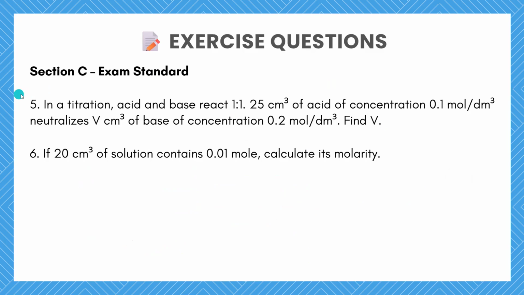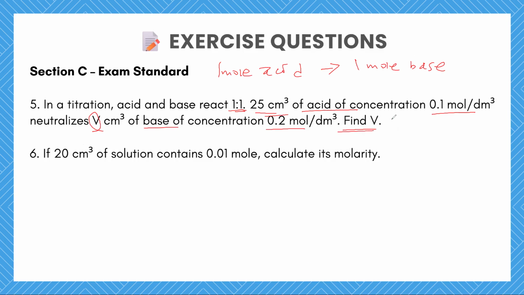Now let's move on to the final one. The final section of questions starts off by saying, in titration, the acid and the base react in a ratio 1 to 1. What this simply means is that 1 mole of the acid reacts with 1 mole of the base. 25 cm cube of acid of concentration 0.1 mole per dm cube neutralizes an unknown volume of the base of concentration 0.2.